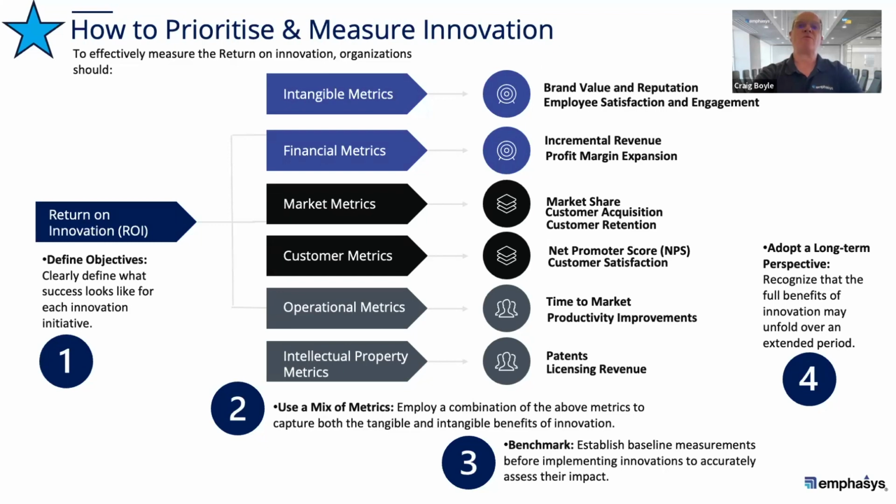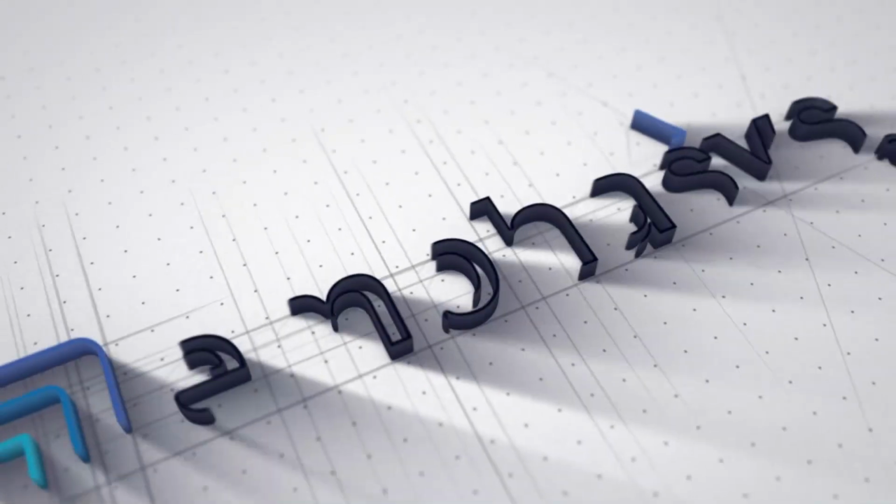We're all quite familiar with that in terms of customer feedback. And operational metrics in terms of how long it takes for products to make it to market, and how the IT solution enables that. And lastly, in terms of intellectual property around patents, license and revenue.